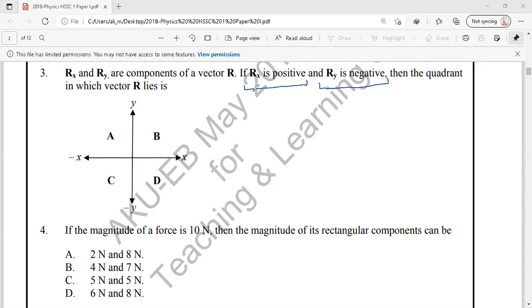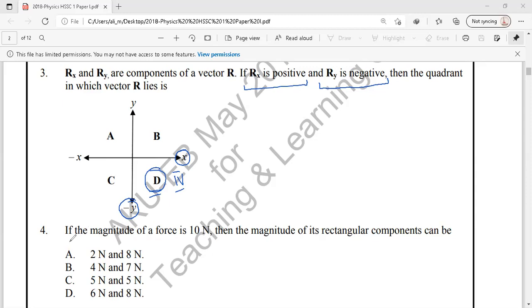So horizontal component positive, x axis positive है, which means x यहाँ हमारे पास पॉजिटिव होता है. Then vertical component is negative. So vertical component negative यहाँ it means कि हमारा जो vector है it lies in this fourth quadrant of this rectangular plane. So option D for question number 3 is the correct answer.